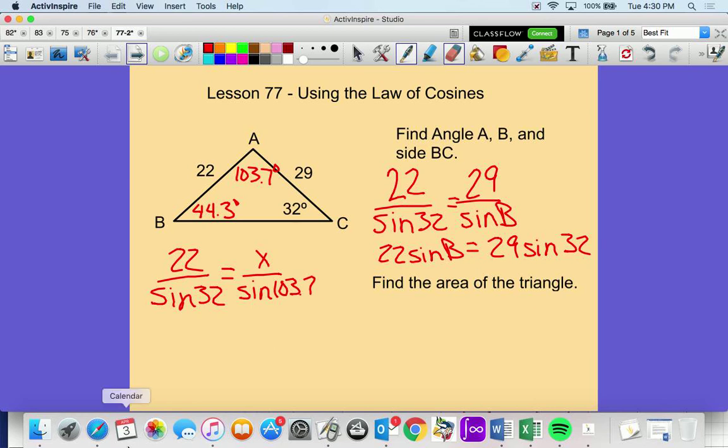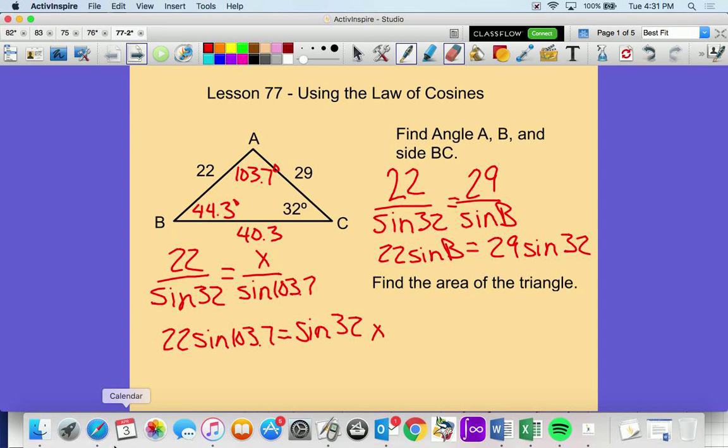Then we can cross multiply here: 22 times sine of 103.7 equals sine of 32 times x. So to get x by itself, 22 times sine of 103.7 gives us approximately 21.4, and divide that by sine of 32, which gives us 40.3 for our side length there.